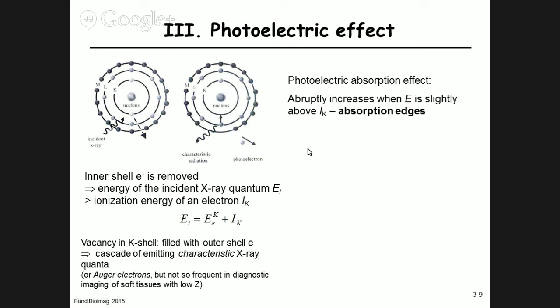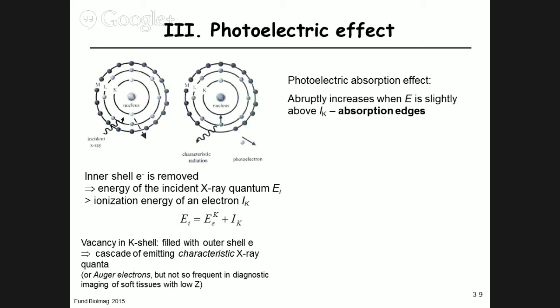So the effect increases abruptly with the energy when it is slightly above the binding energy of the electron. Why is that? If you don't have enough photon energy to overcome the binding energy, nothing happens.